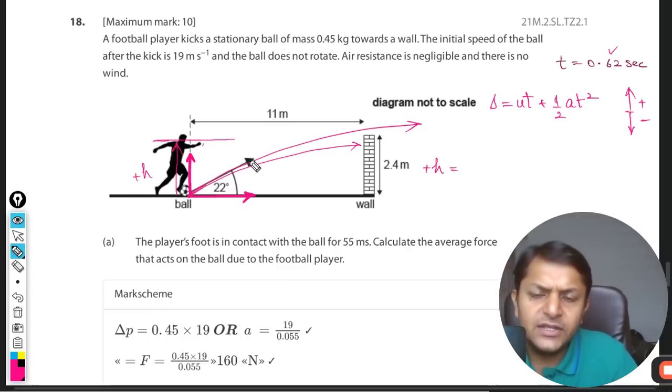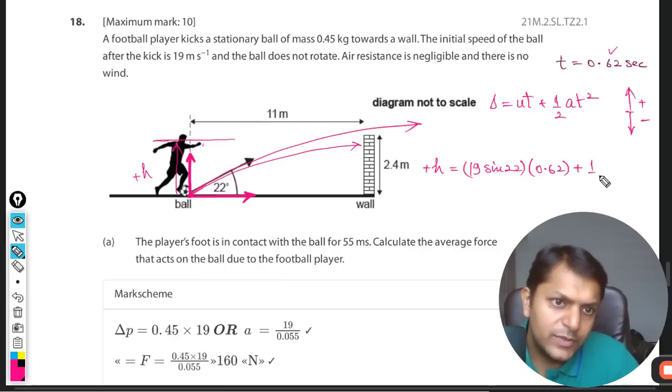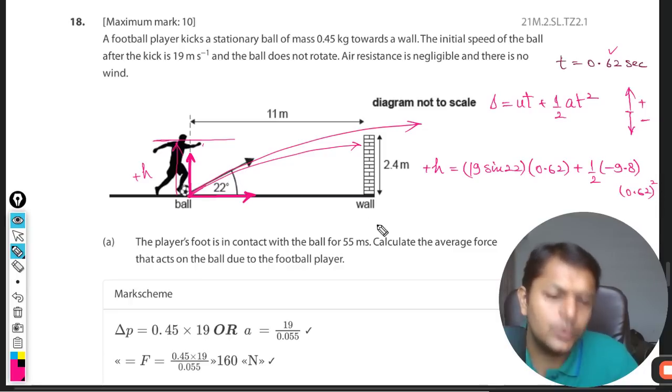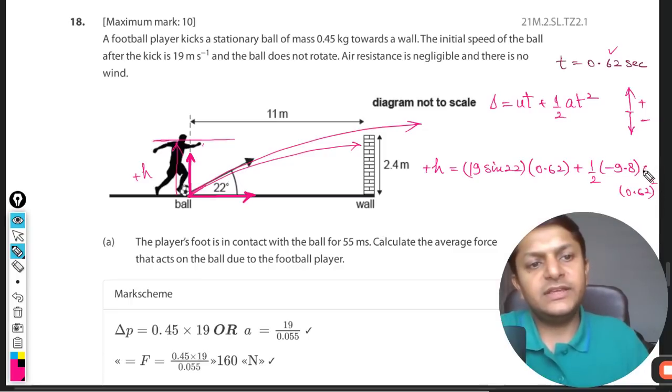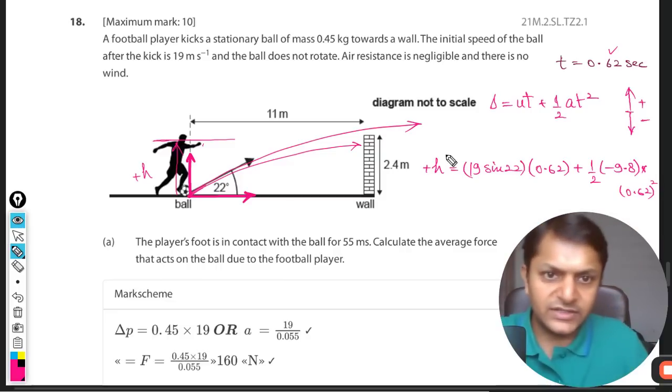u will be 19 sine 22 and the time value is 0.62, plus half, gravity is taken as negative, into time square, like 0.62 square. This is what is happening here. This is the height h.